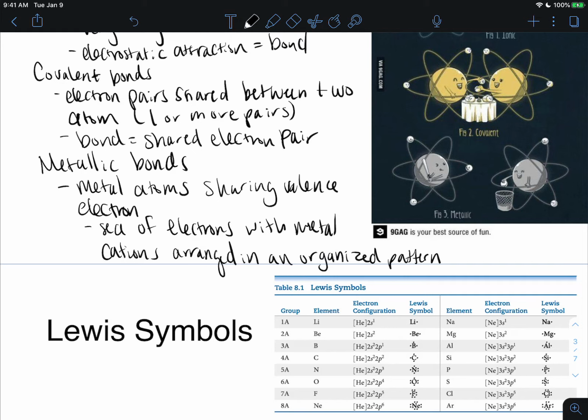Again, we consider these to be just regular atoms, right? They're not ions, but the valence electrons are delocalized, so they're not staying on one of the metal atoms. So we kind of consider it a bunch of cations with the electrons delocalized around them, like so.